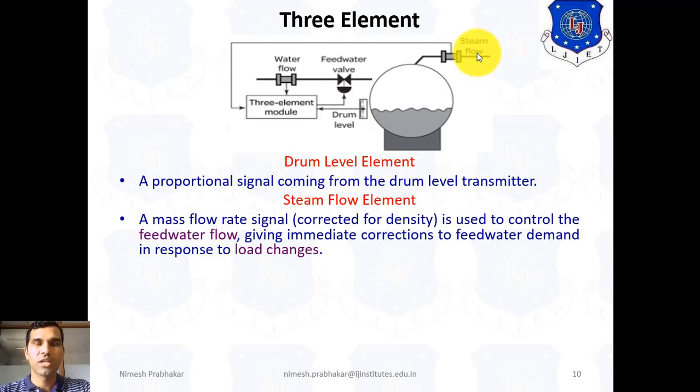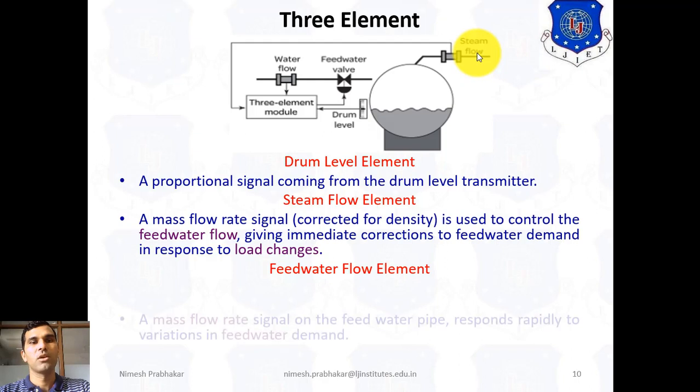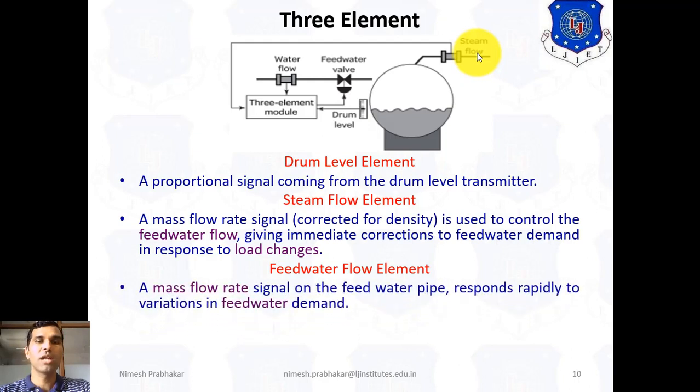That means if there is a load change of the steam flow, then there is a chance of swelling and sinking. So that's why we use the steam flow element. And the last and most important one is the feed water flow element. A mass flow rate signal on the feed water pipe responds rapidly to the variation in the feed water demand.